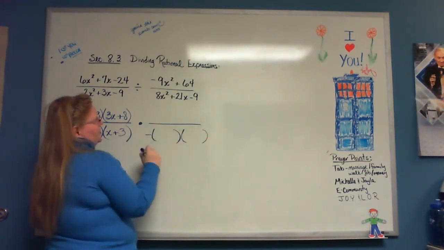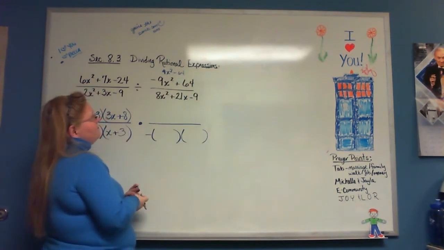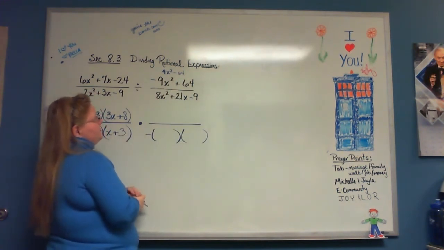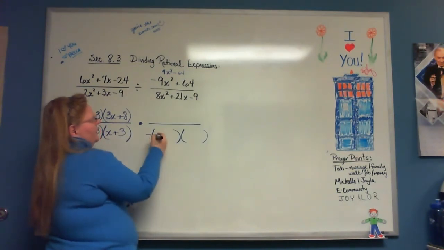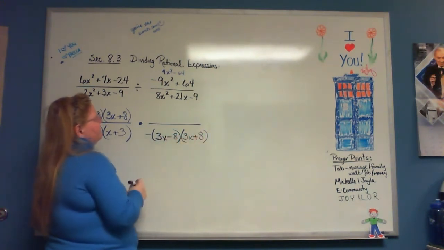Then it'll be the difference of two squares, because that'll become a positive 9x squared minus 64. So I'll end up with 3x and 3x, and 8 and 8, and minus and plus.